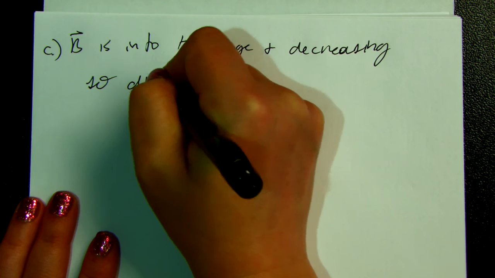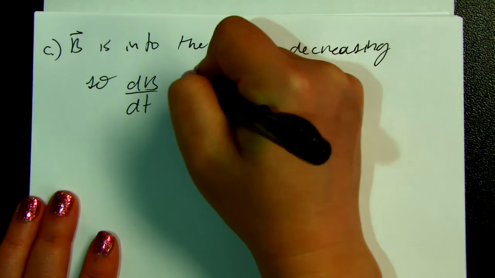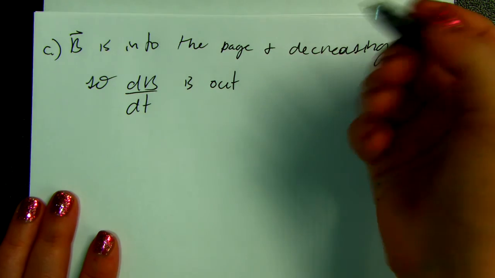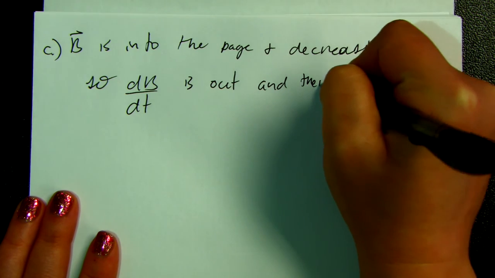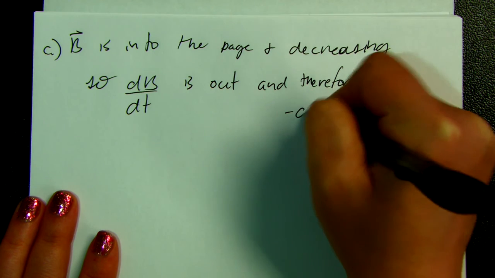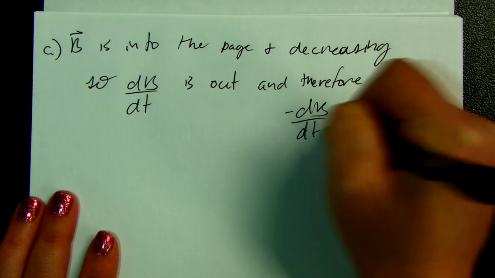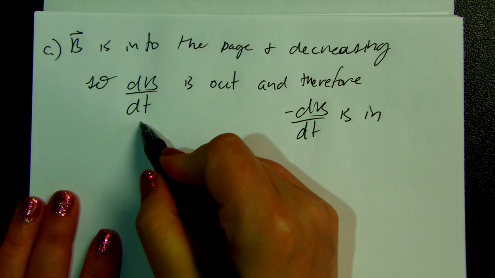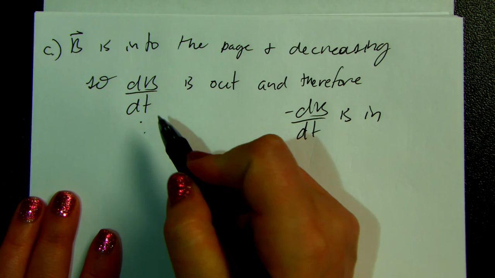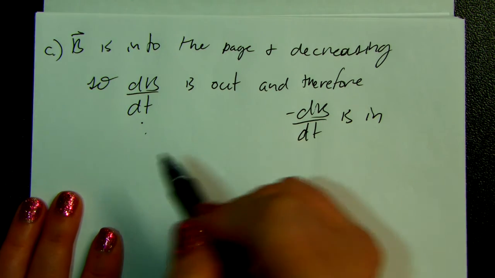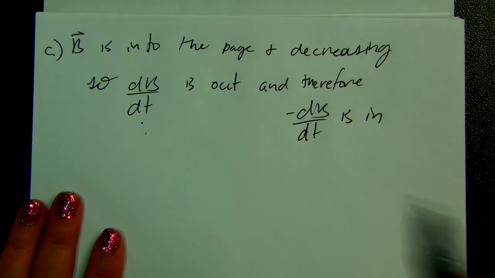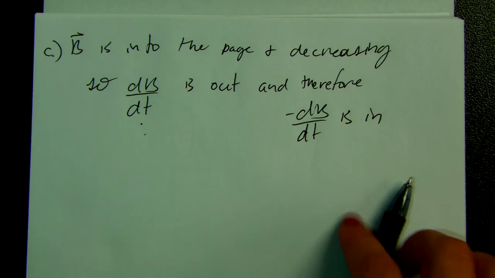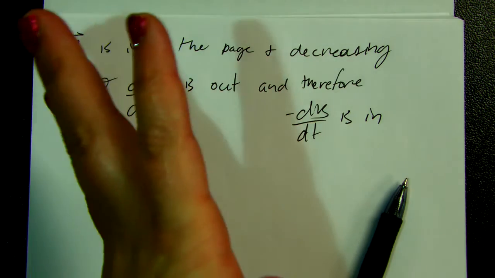So dB/dt is out, going in the opposite direction, and therefore minus dB/dt is in. So determine dB/dt: is it going in the same direction as the magnetic field, meaning it's increasing, or in the opposite direction, meaning it's decreasing? Then dB/dt is the opposite way. So therefore, we've got minus dB/dt into the page.